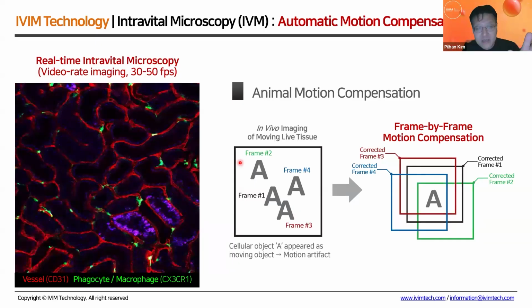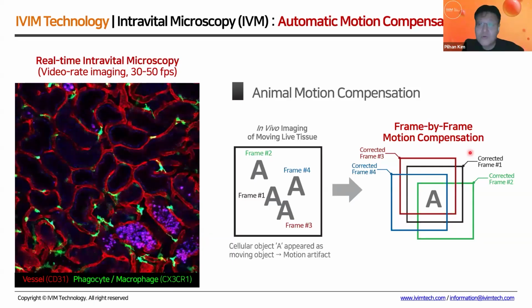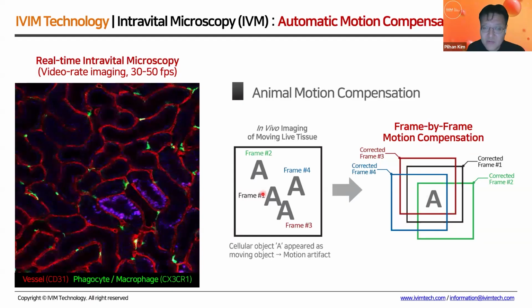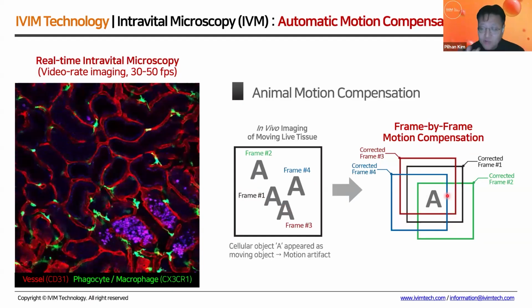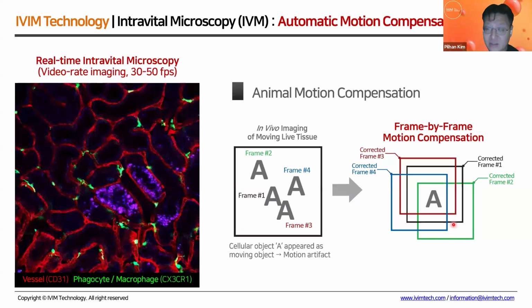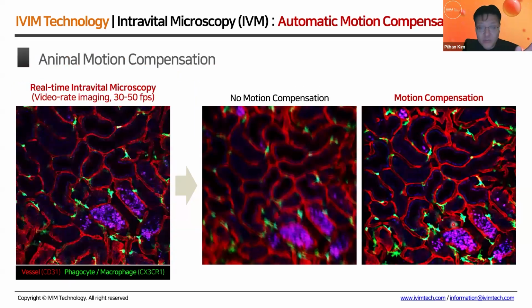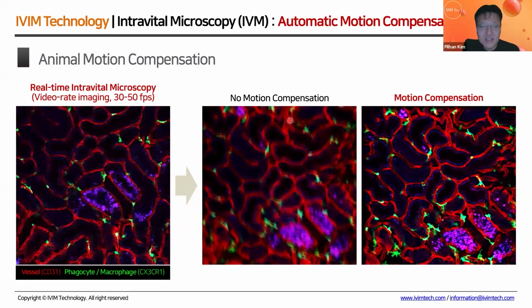So we just recorded this real-time video and then did the frame by frame motion compensation like this. Frame 1, 2, 3, 4, then we compensate and generate the stabilized images. So this is the result, the comparison with and without motion compensation.